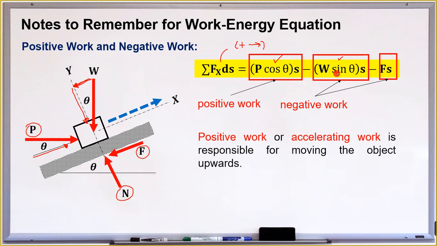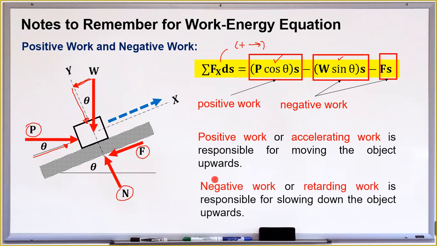Now, for the two remaining work components, these are the negative work components. The W sin theta opposes the direction of motion; it does not help. It is what stops the block from moving. That is why they are called negative work or retarding work. It is responsible for slowing down the object upwards.